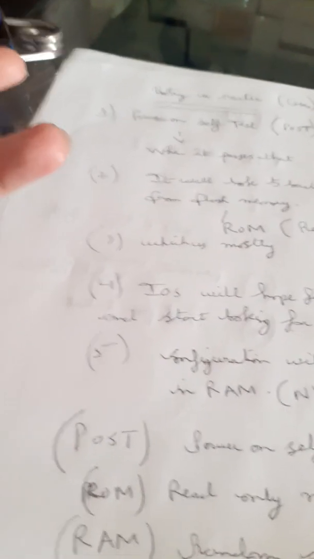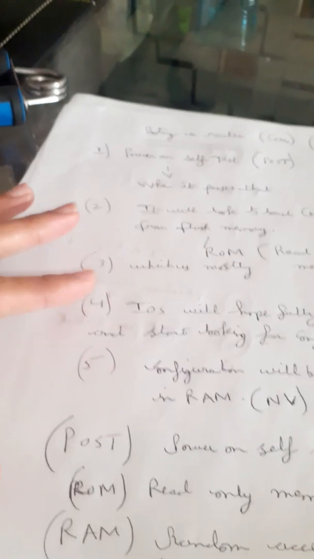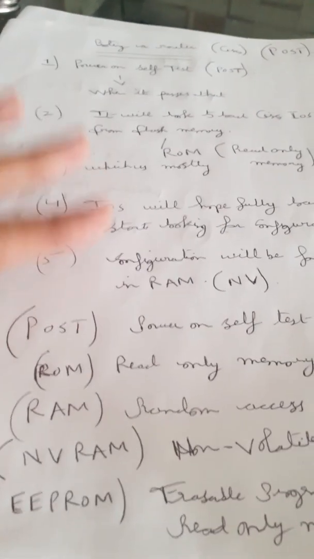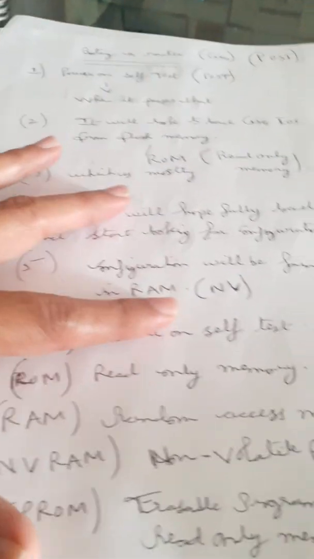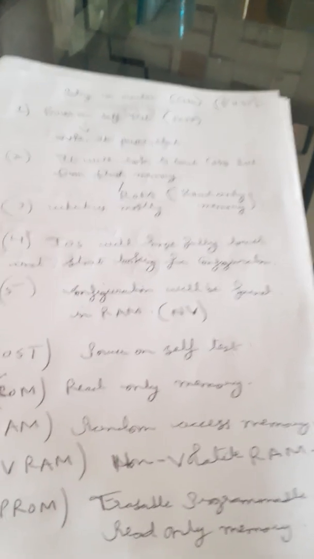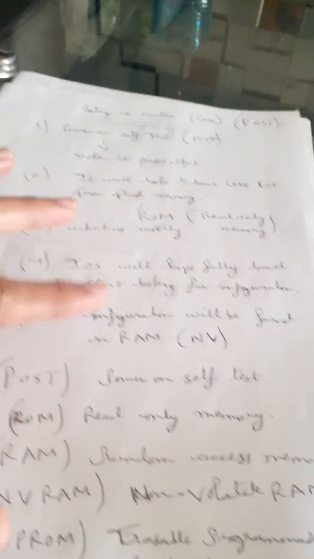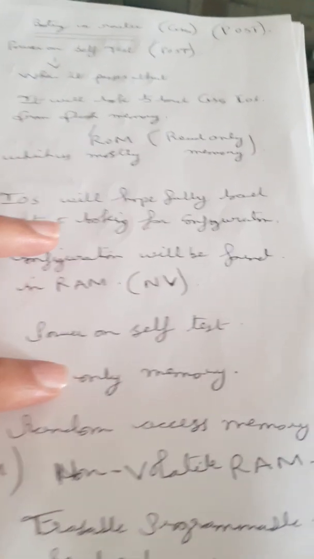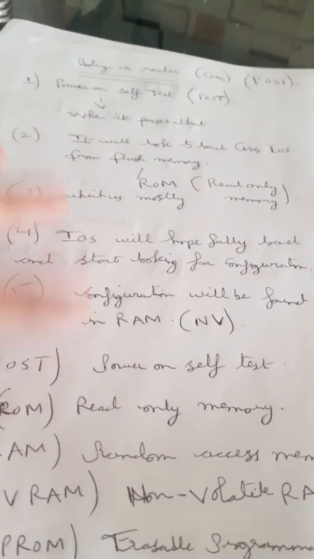That's random access memory, as you know from a computer background, or if you know a little bit about computer hardware. It's usually NVRAM, non-volatile RAM. There's volatile RAM and non-volatile RAM. The configuration of the router will be found in NVRAM. Simple.